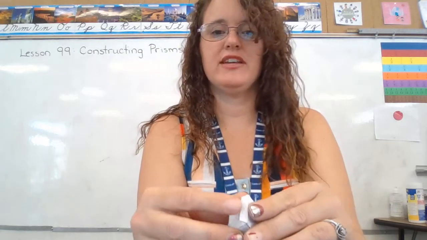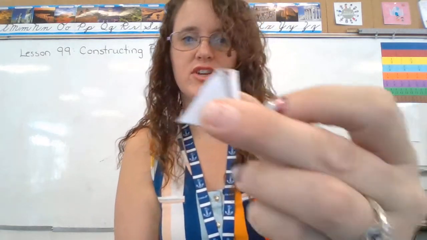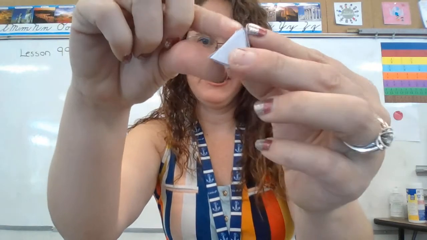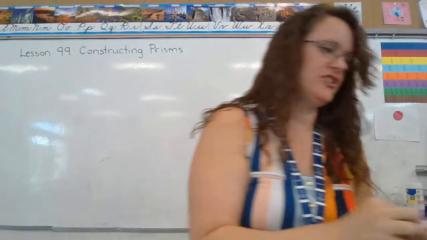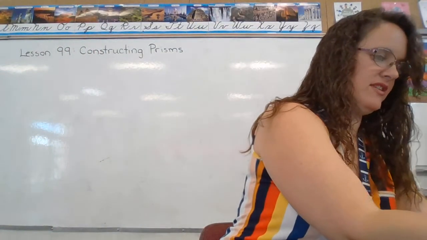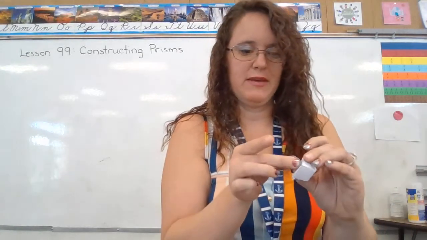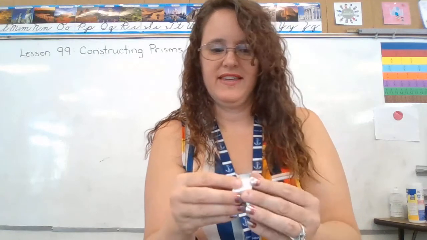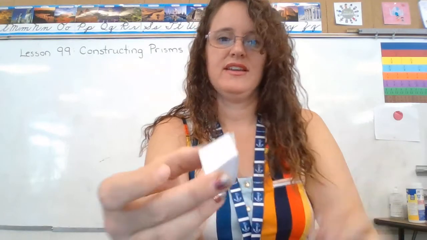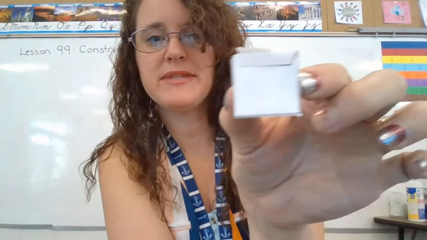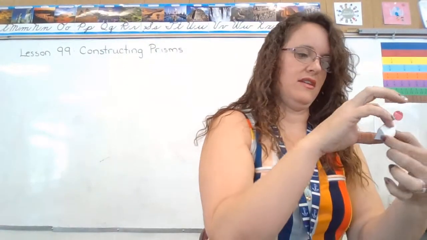But just to show you in case you have trouble, you can also take that top flap and just stick it over the edge like that. I'm going to tape this one that way so that you can see it. And I just put a little piece of tape on the flap and then attach it. So just like that, my flap's sticking out, and that's okay.